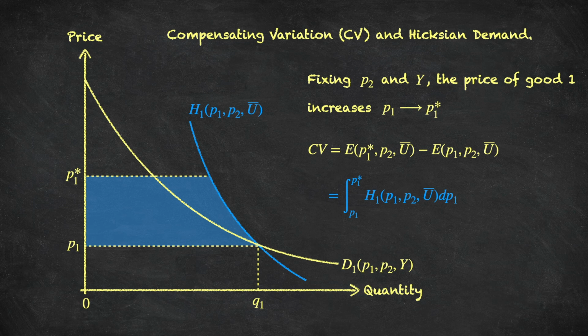Okay, so this represents the case of a normal good. The Hicks demand function is downward sloping and steeper than the Marshallian demand, the uncompensated demand function here. And this blue area, if we calculate that area, we get the value, which is an amount of money, which is the compensating variation.